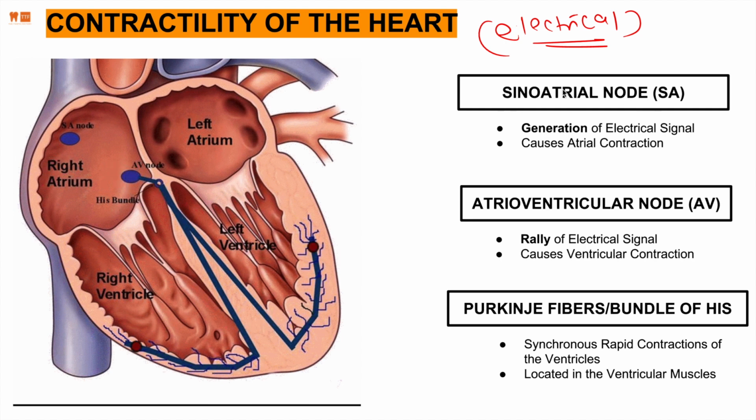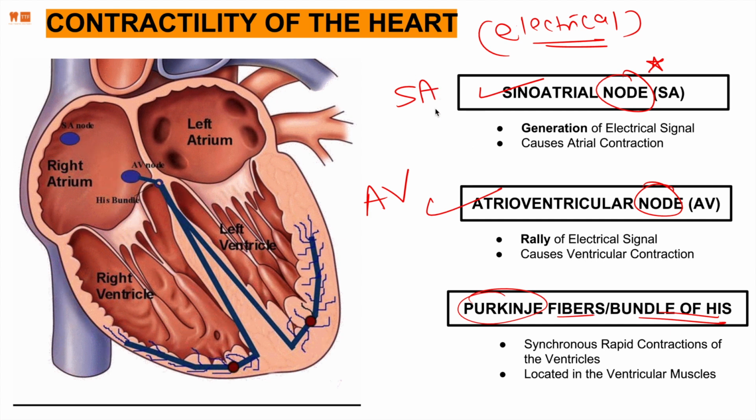There's sinoatrial node, and by node it means there is this one location that produces the electric charge. Sinoatrial, SA node, atrioventricular node, AV node, so SA, AV, and Purkinje fibers and bundle of His. Okay, so this is our electric circuit in the heart.